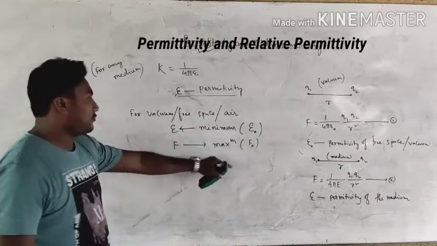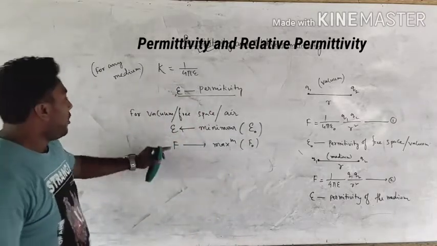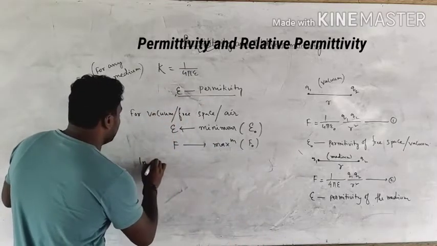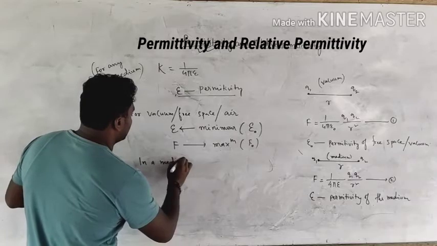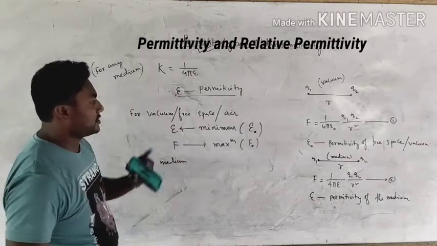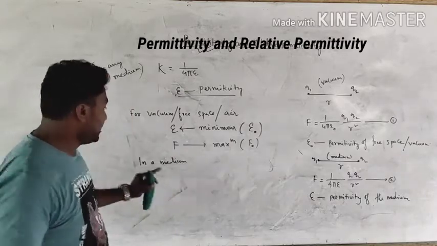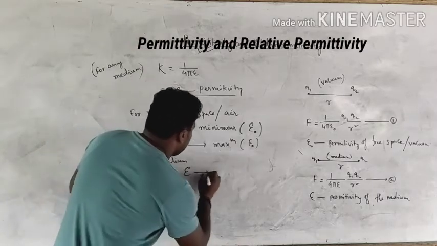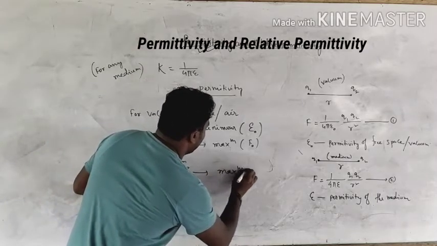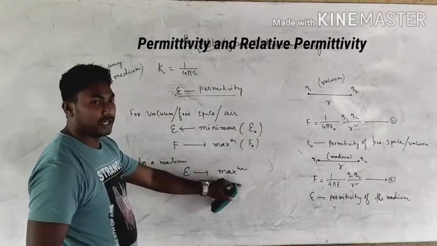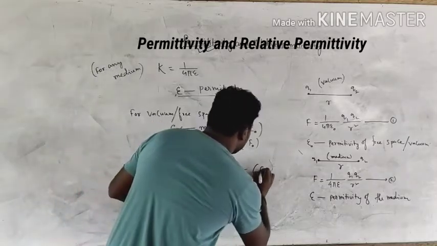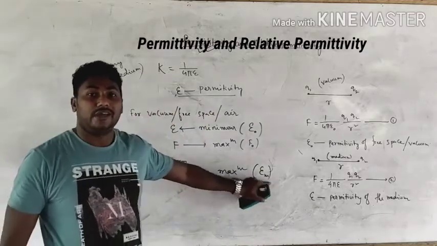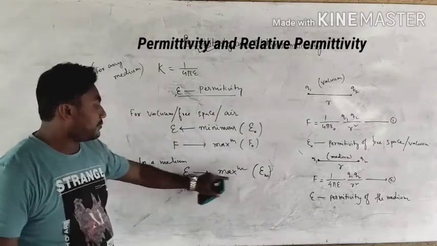But when you place the two charges separated by the same distance in a medium, the permittivity is maximum, and it is said to be epsilon m.